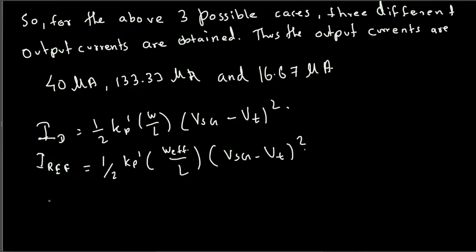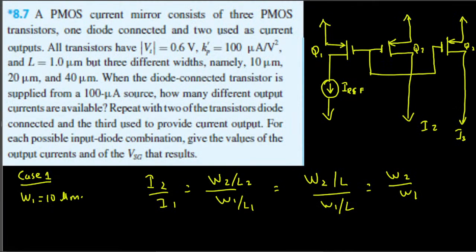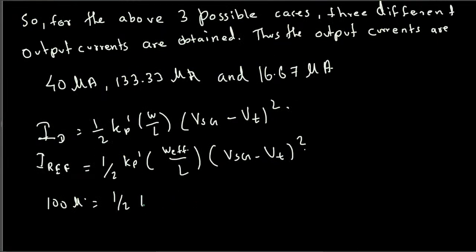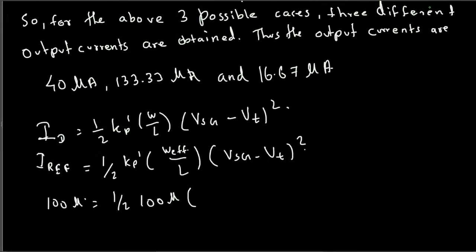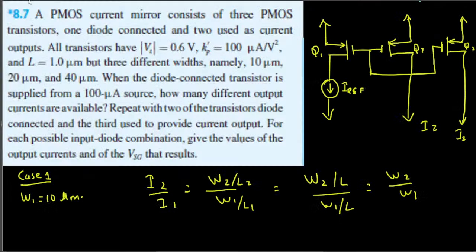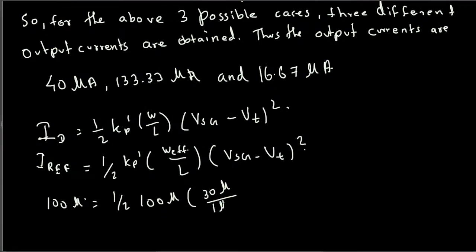Let's do that. Here I reference is 100 microampere, so I put 100 micro, and half Kp prime is given in the question, 100 microampere per voltage square, so this is 100 micro. For W effective, the first one is 30 micrometer, divided by the length, given as 1 micrometer, and VSG is the one we are trying to find.